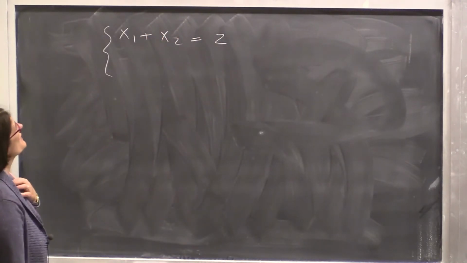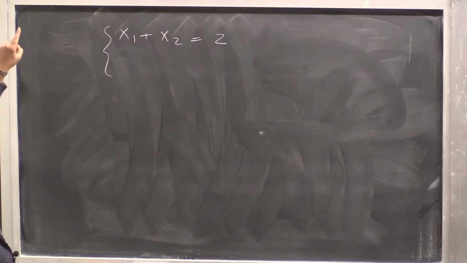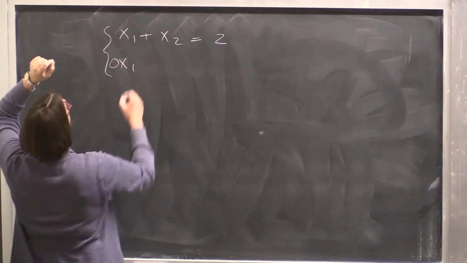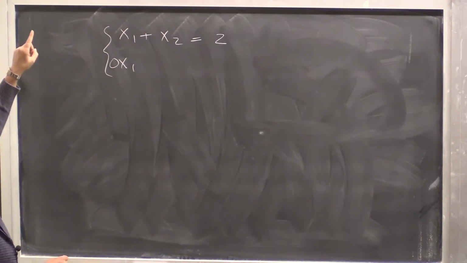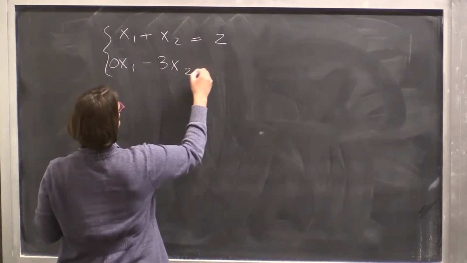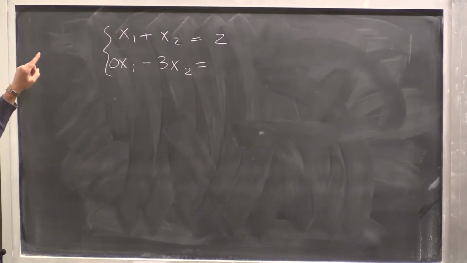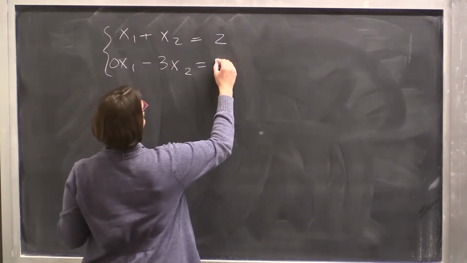Now I replace equation 2 with equation 2 minus 2 times equation 1. So I have 2x1 minus 2x1. I have minus x2 minus 2 times x2. So that's minus 3x2. On the right-hand side, I have 7 minus 2 times 2. That's 7 minus 4 is 3.